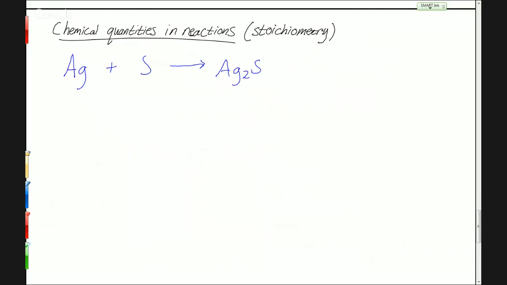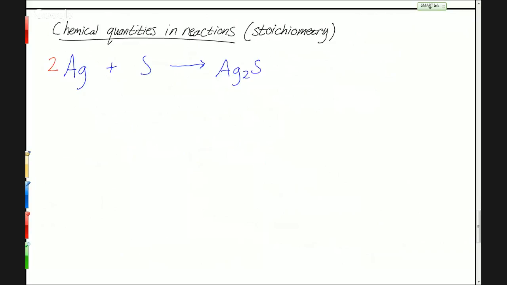No. How do we balance it? Yeah, we just need to add a 2 here. Okay, we do that. So that tells us for every 2 atoms of silver, we need 1 atom of sulfur, and then we make 1, it's not really a molecule, but we can say 1 molecule of silver sulfide.